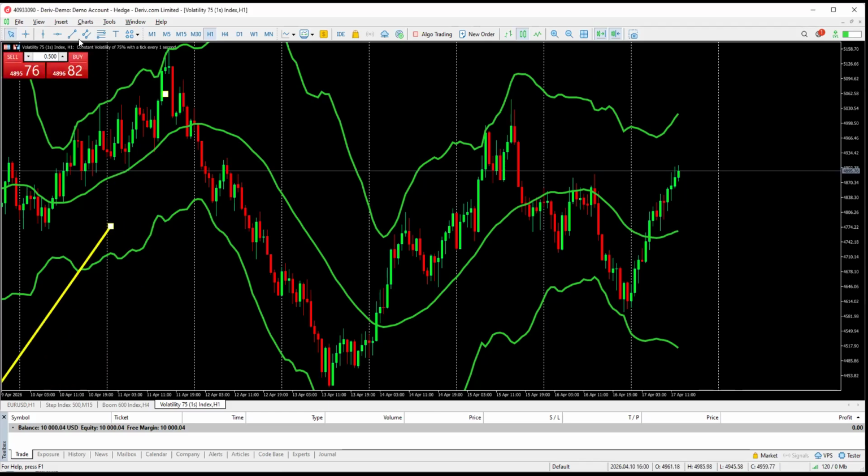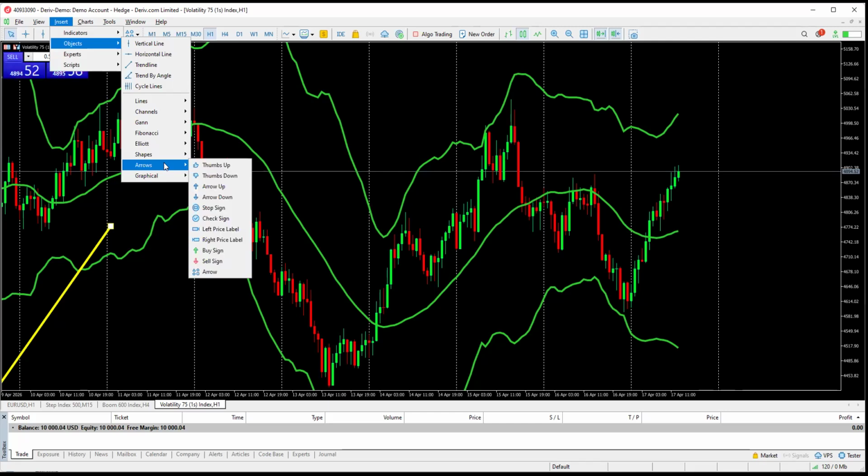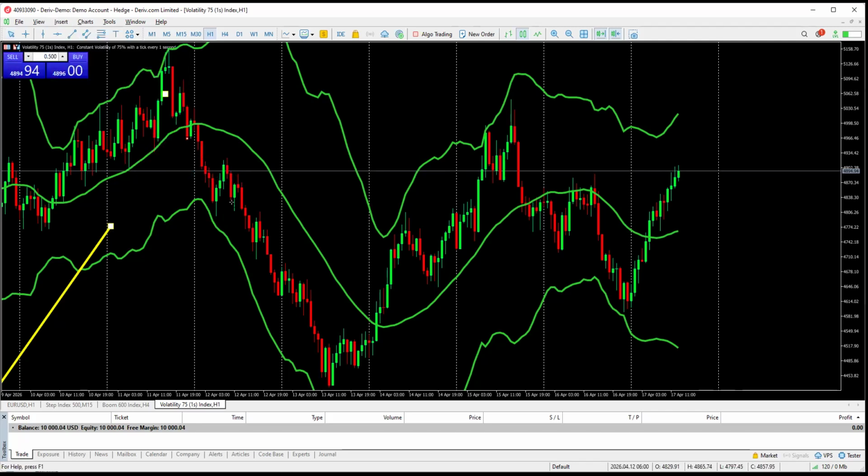Okay, so let's look at this case. I want you to see this pattern, the kind of movement that is formed here.